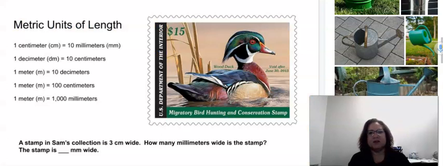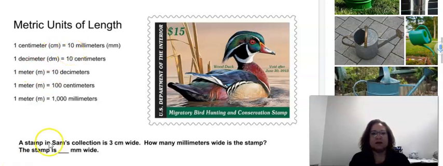All right, let's move on to metric units of length. We have centimeters, millimeters, decimeters, meters, and you can see the conversion chart here. 1 centimeter is equal to 10 millimeters.